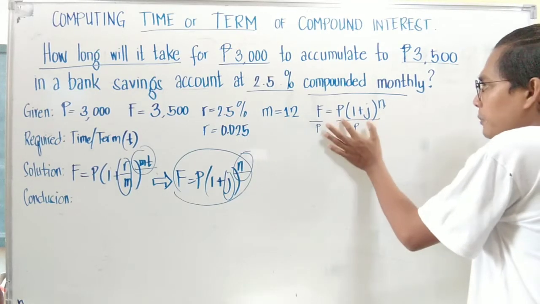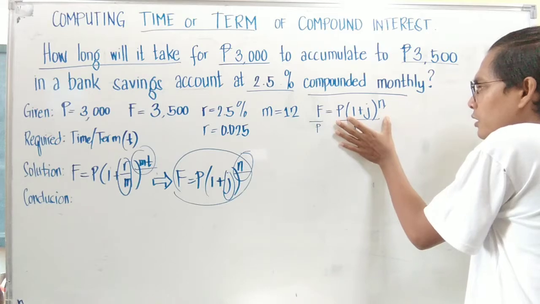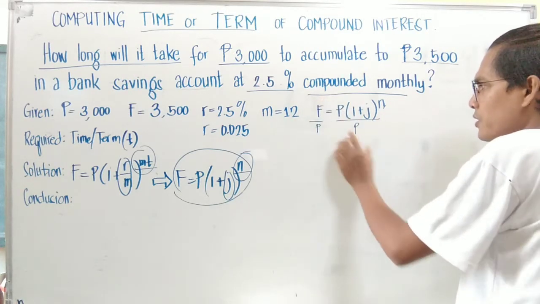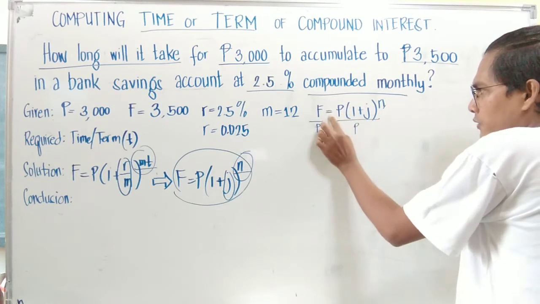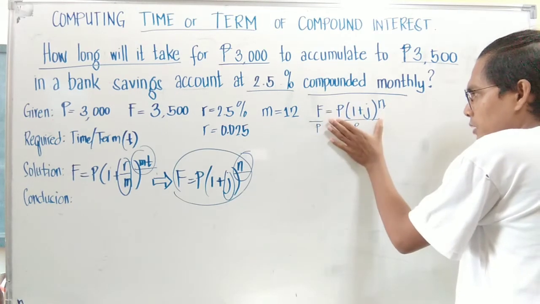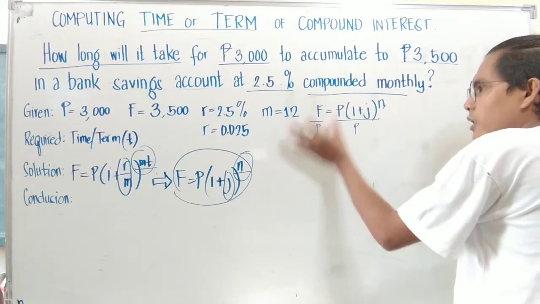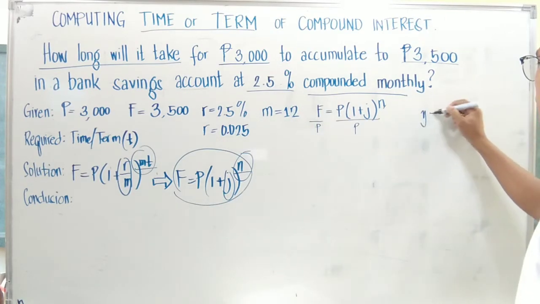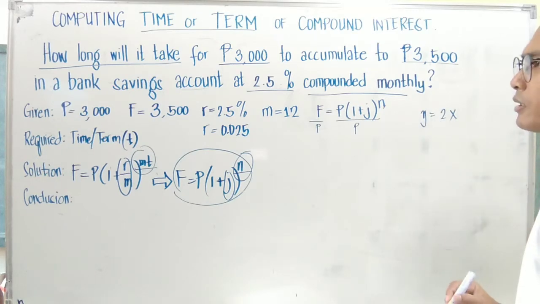Such as, we are multiplying P to this quantity, so in deriving it we will be dividing. On one side of the equal symbol we are multiplying P, but on the other side we are dividing. Such as y equals 2 times x.